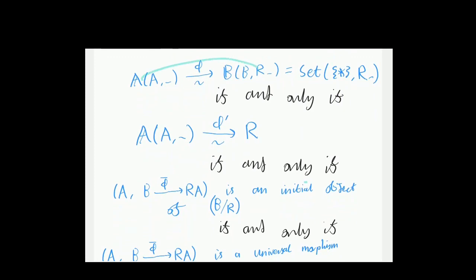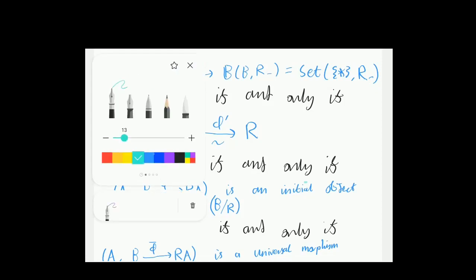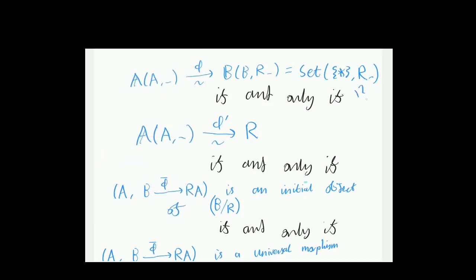The first line's still the same, where we say scripty B of B comma R blank is naturally isomorphic to a hom functor. But we know now that this thing on the right, we can write like this because of our assumptions. So it's Set of singleton set comma R blank. And we know that this is naturally isomorphic to R. So we're going to have a natural isomorphism like this if and only if we have a natural isomorphism from our hom set to R itself.